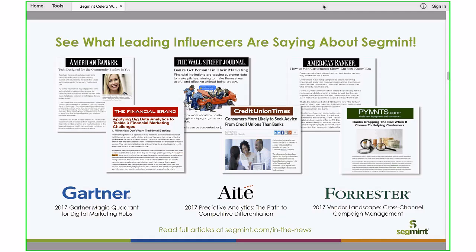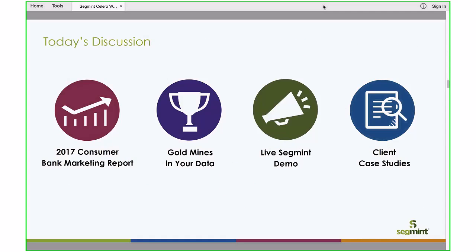Another one, in the middle of the bottom row, is from Credit Union Times, which also references Segment in an article describing how members have higher expectations of their credit unions when it comes to receiving financial advice. You can read all this information on our site, segment.com, in the news section, and get more detailed information from there.